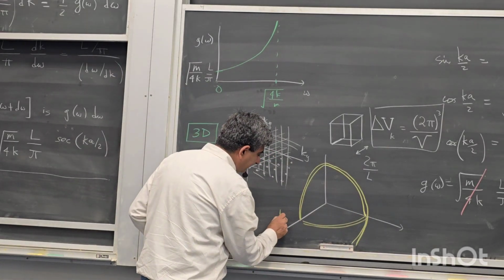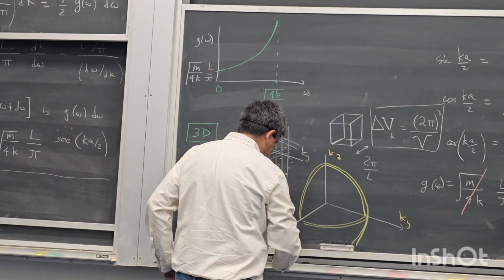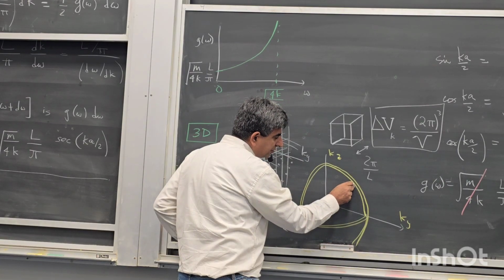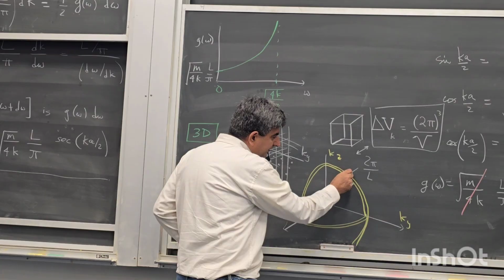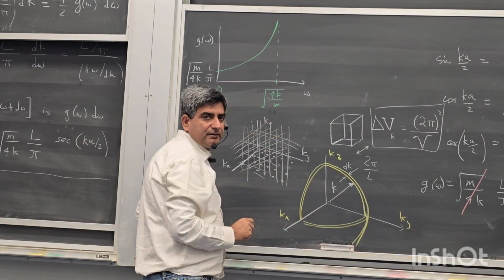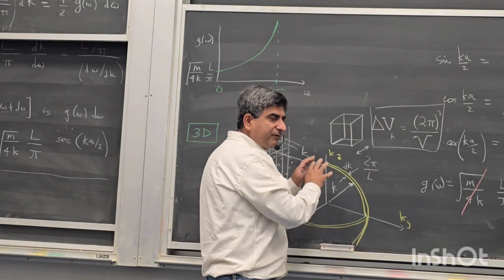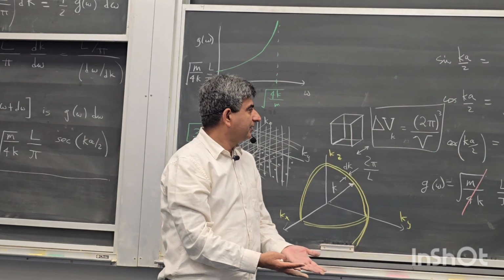So this is Kx, Ky, Kz. The distance of this shell from the origin of the reciprocal space, let's call it K. This thickness is dk. And the total volume of this shell will be 4 pi k squared dk. That's the volume of this shell in 3D.